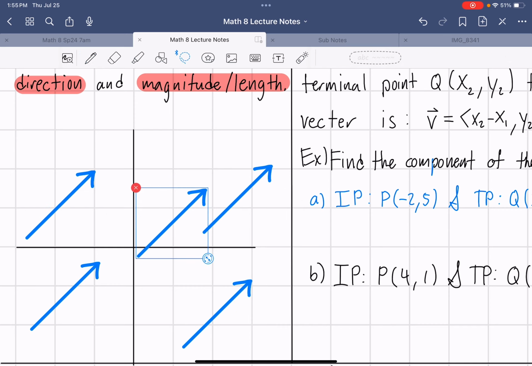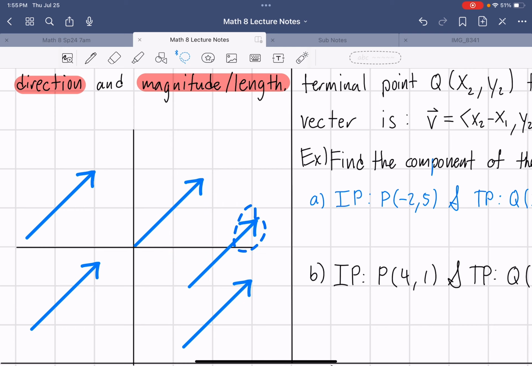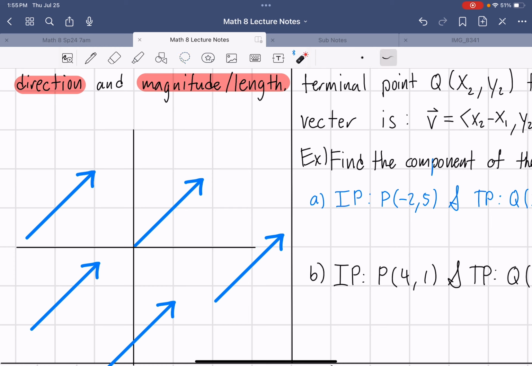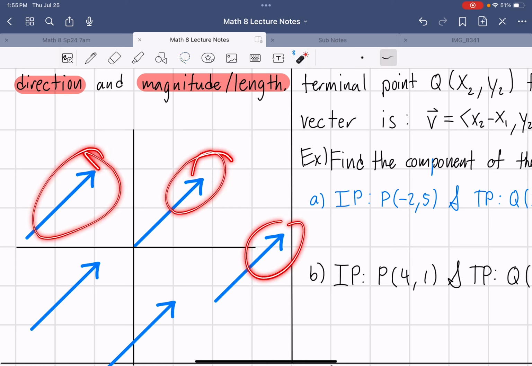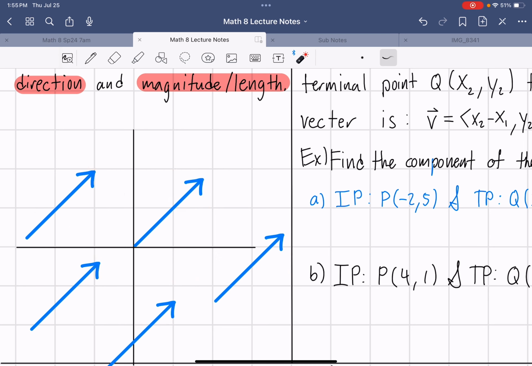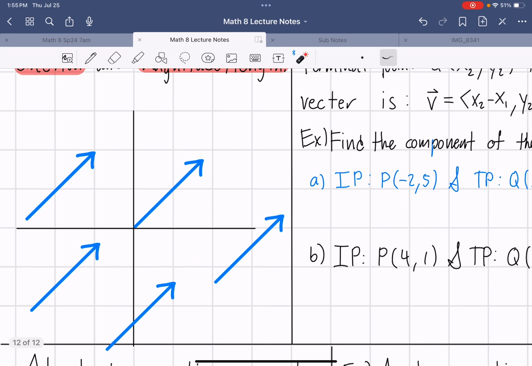All these vectors I'm sketching here, if you notice, I copied one and just pasted them everywhere on the graph. Now, all these vectors are essentially the exact same.